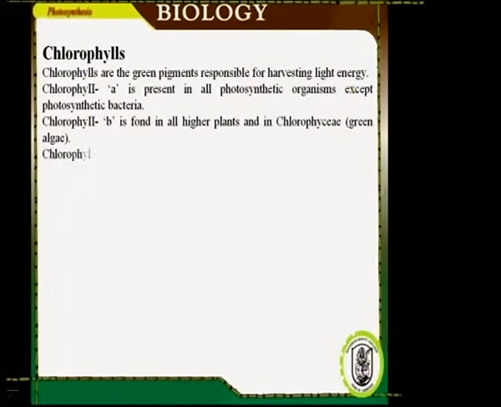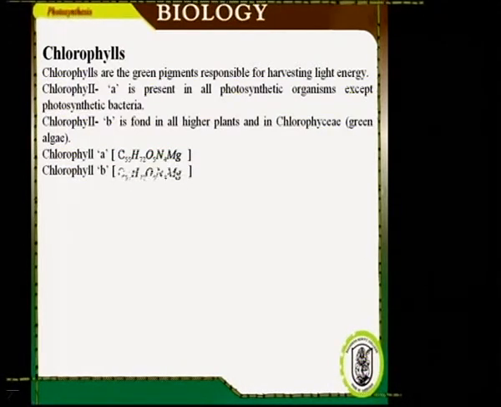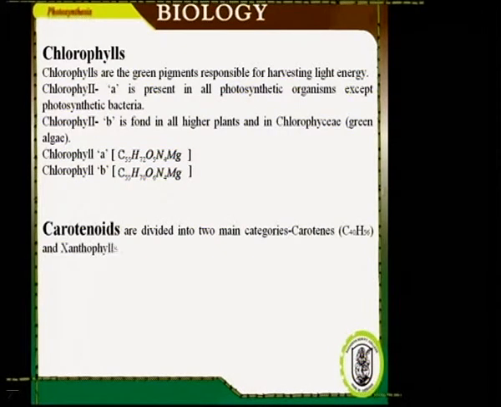Look at the formula of chlorophyll A, that is C55H72O5N4Mg. Chlorophyll B has C55H70O6N4Mg. The difference between the two is that chlorophyll A has a methyl group at the third carbon, and this methyl group is replaced by an aldehyde group in chlorophyll B.